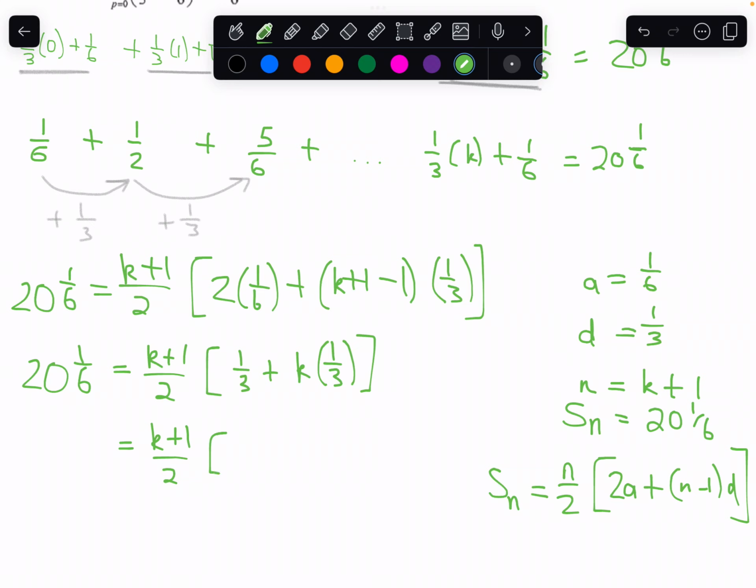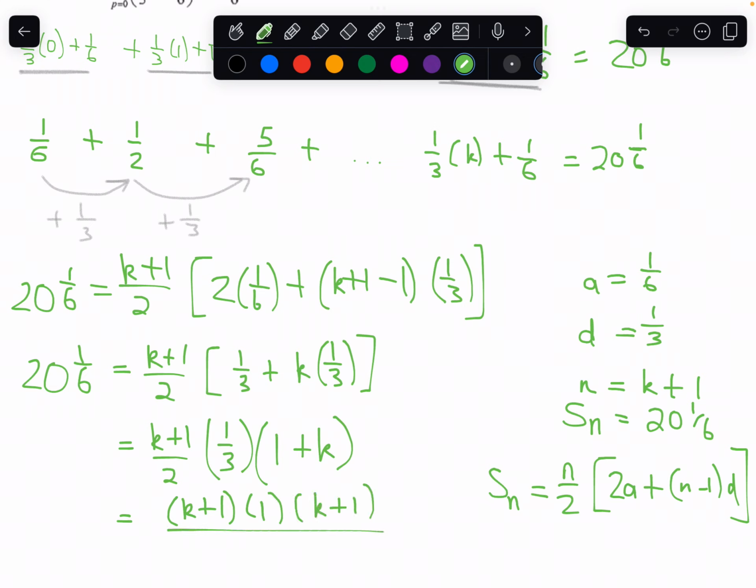And then here we could even factor out a third, so this could become a common factor of a third, and then we're left with 1 plus k. Simplify that a bit: that's k plus 1 times 1 plus k, which is the same as k plus 1 squared, at the top, and at the bottom we'll just have 2 times 3.